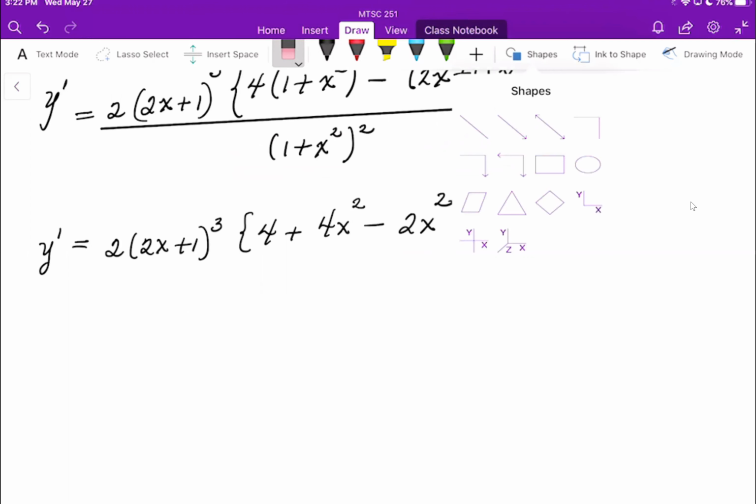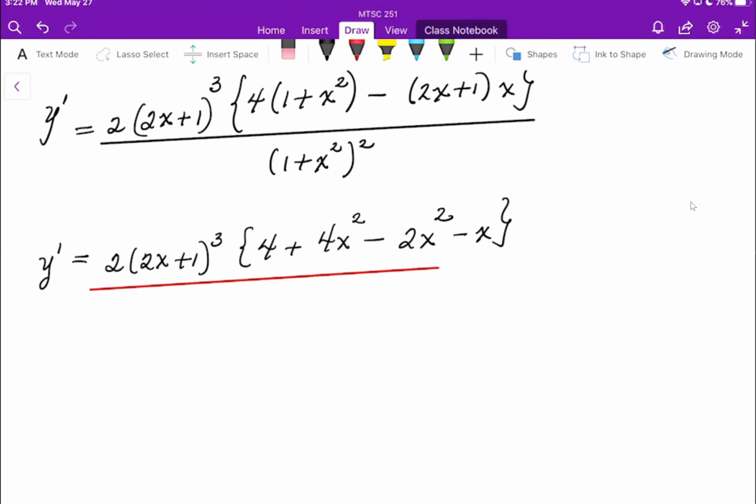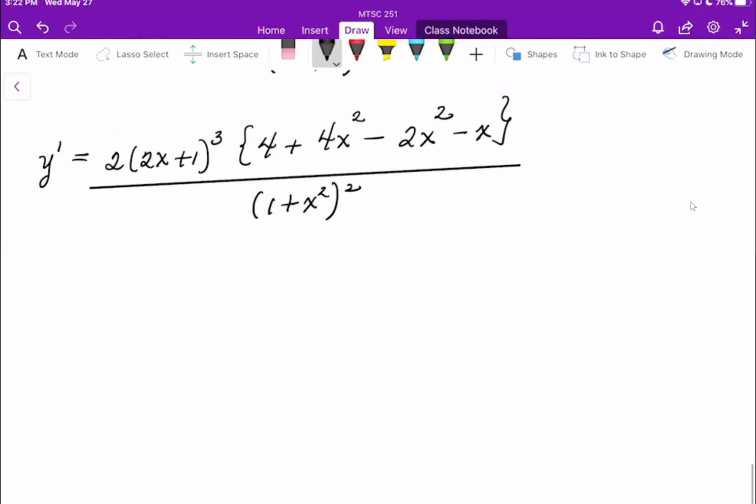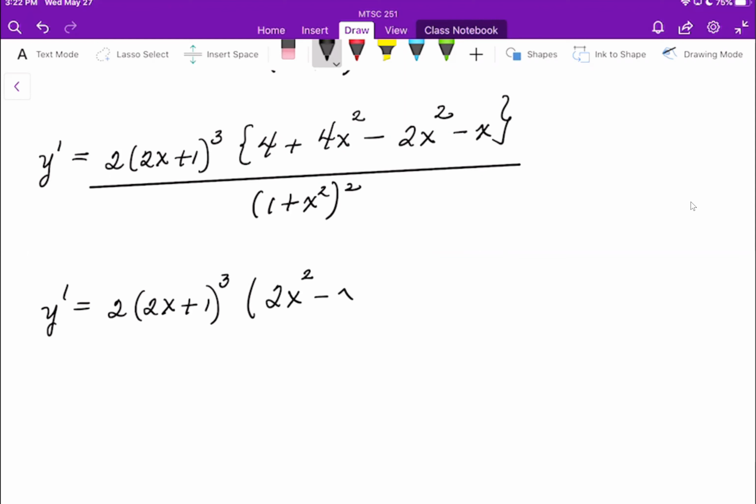And this is all over (1 + x squared) squared. So now we have y prime is 2 times (2x + 1) cubed. And in here, I'm going to get 4x squared minus 2x squared, which gives me 2x squared minus x plus 4, divided by (1 + x squared) squared.